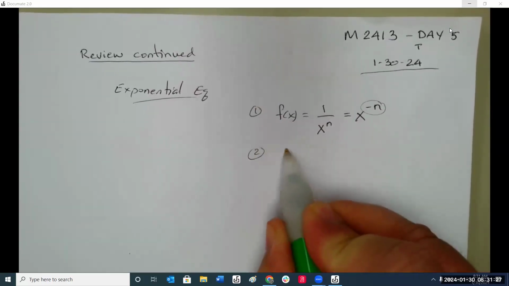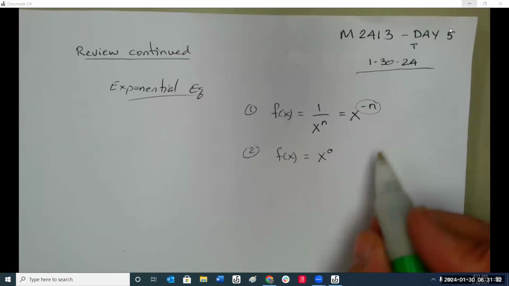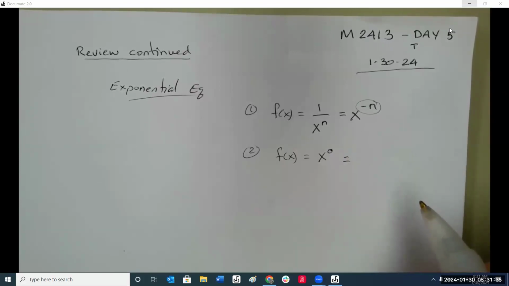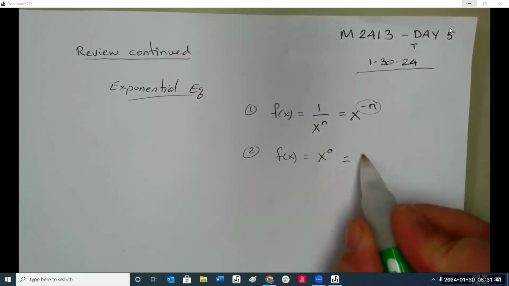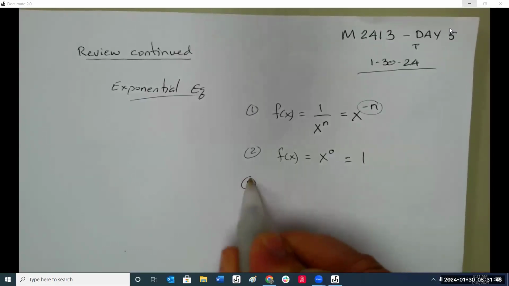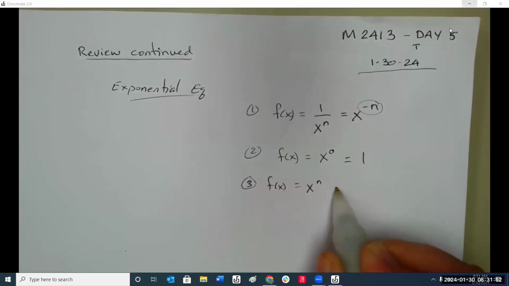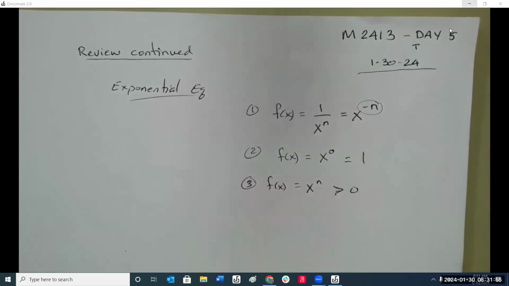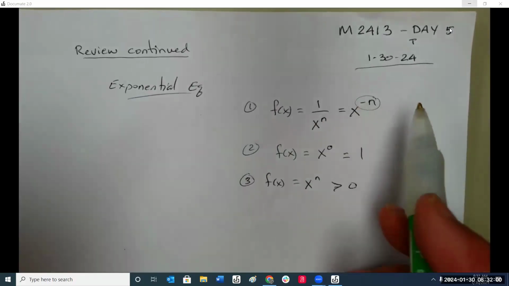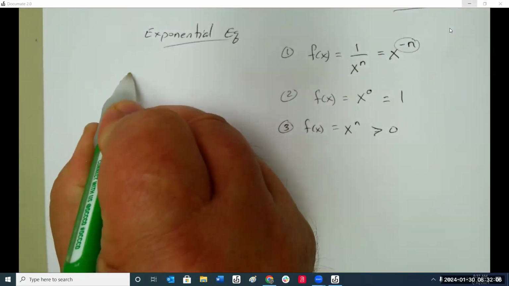The second one, x to the power 0 is 1. And thirdly, if x to the power n and n is positive, then it's going to be greater than 0. It's going to be some positive number. Those are the rules of exponents. Now, on exponential functions, 2 to the power x.